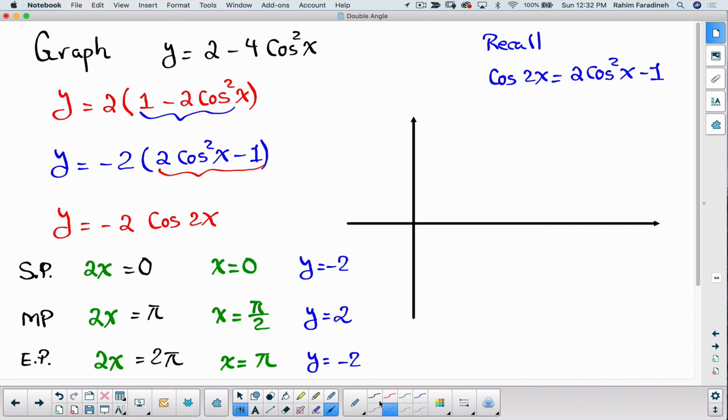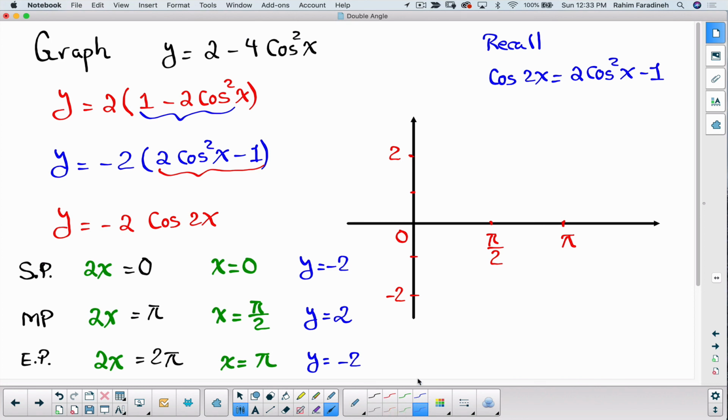So now let's see if we can put this graph together. We're going to go between 2 and negative 2. My starting point will be at 0 for x, pi over 2 for the middle point, and pi for the ending point.